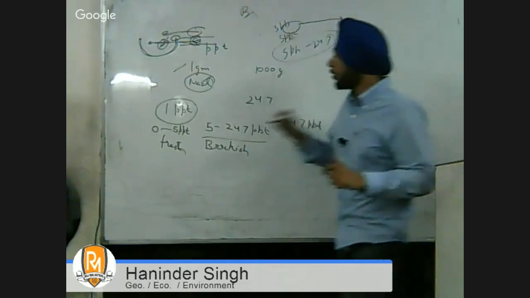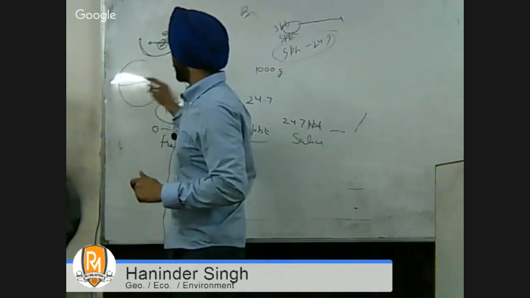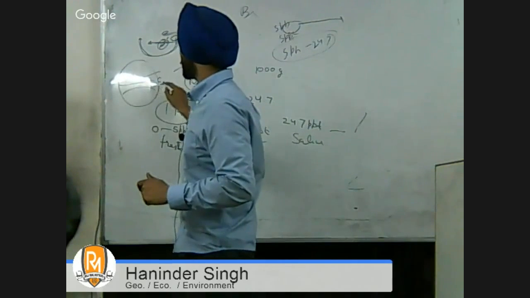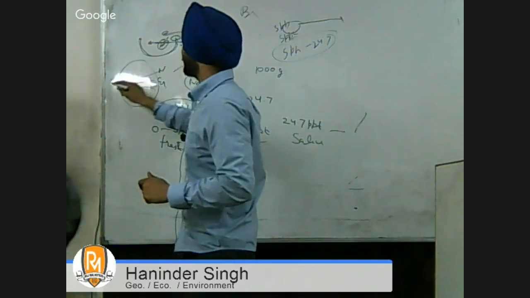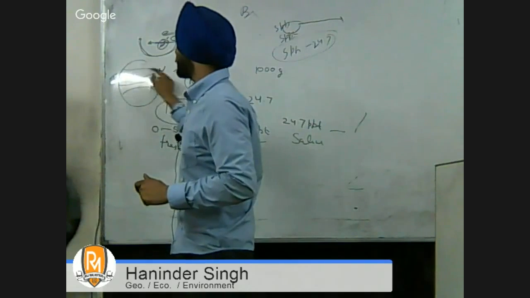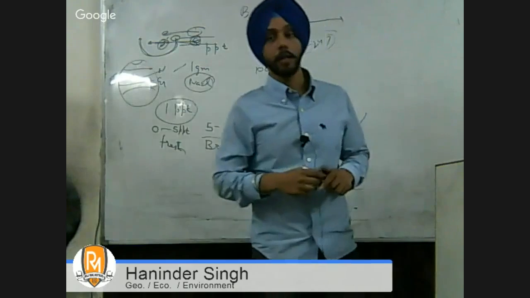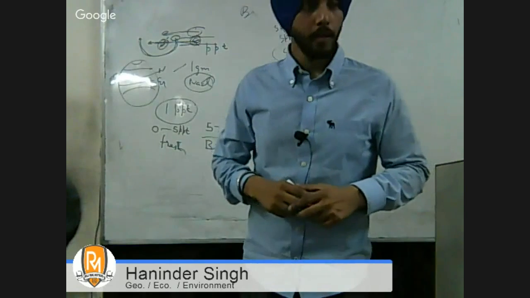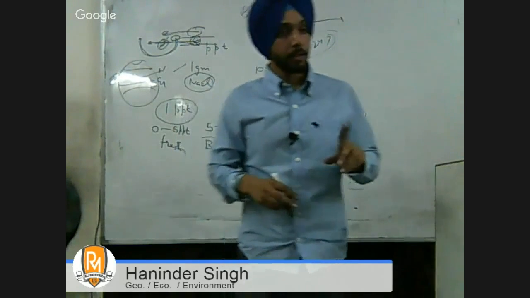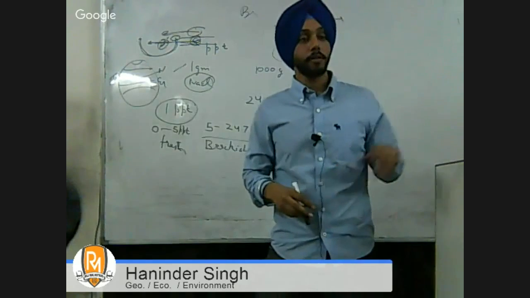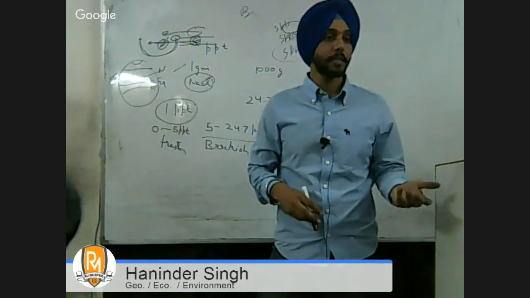Okay, now where would we find the highest salinity? At the equator, say at the tropics, temperate, or at polar? Why? At the equator evaporation happens, and with evaporation salinity increases.